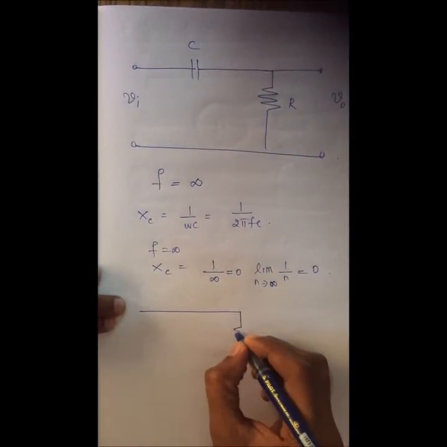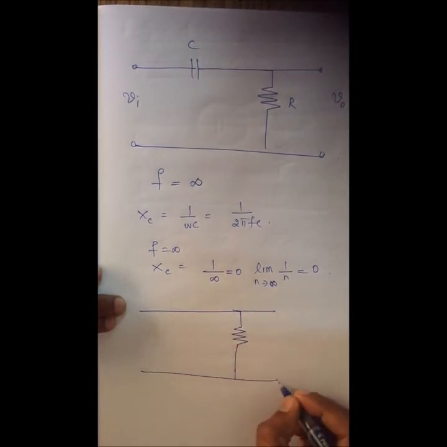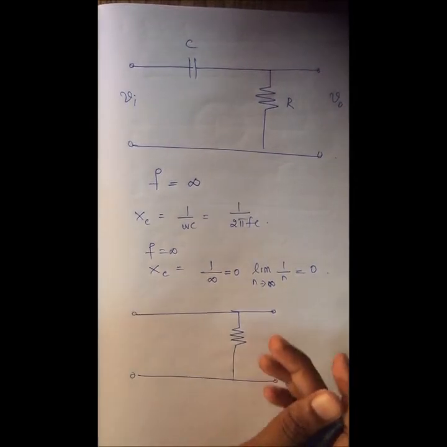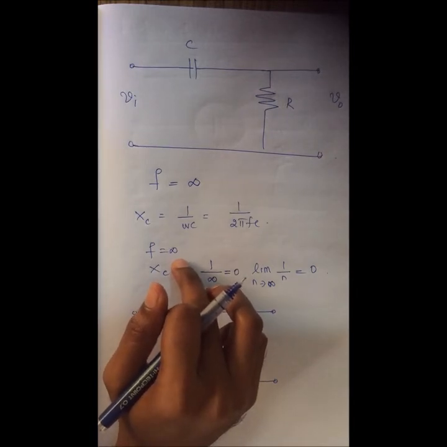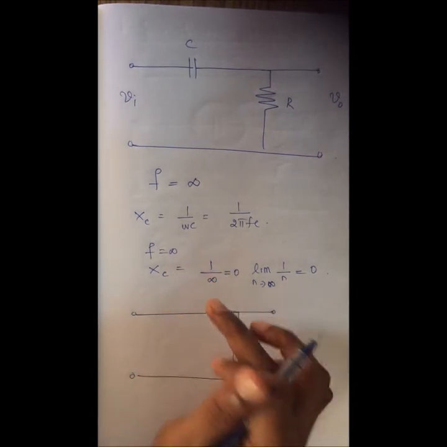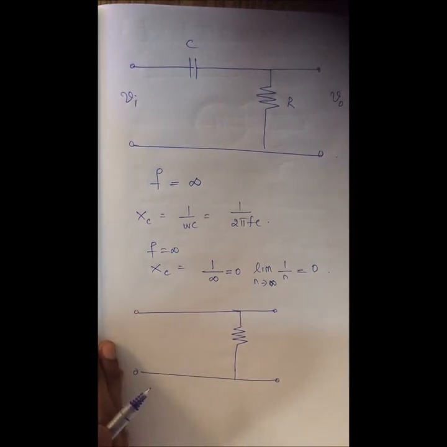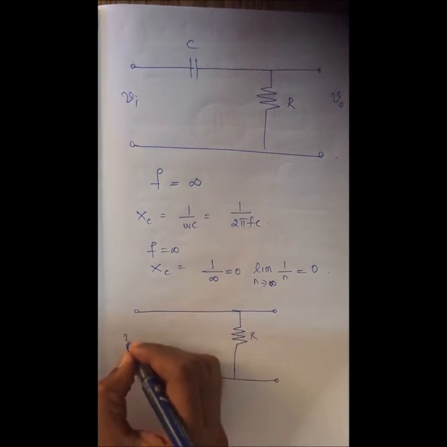So this could be the equivalent circuit. When the frequency is very high, or considered to be infinity, there is no blocking at all. All that you provide at the input will be exactly received at the output end.